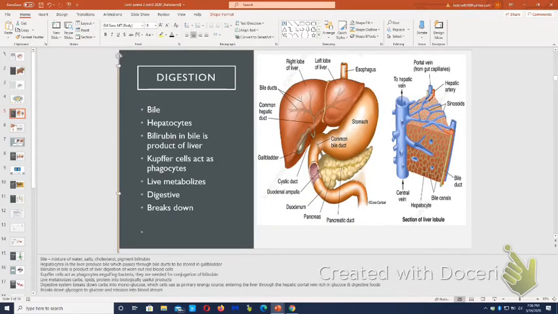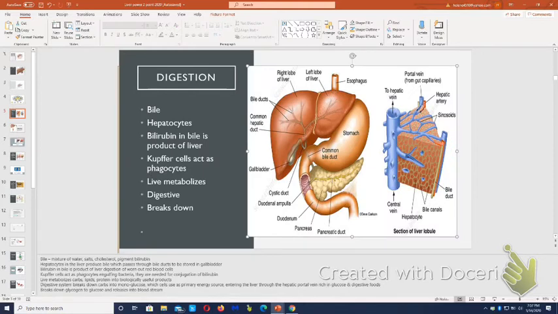Now in this diagram, you can see the hepatocyte on the right-hand side of the diagram, and I can annotate that a bit. So you've got your hepatocytes all in here. And then the Kupffer cells, also known as macrophages, are specialized cells located in the liver, in the lining walls of the sinusoids.